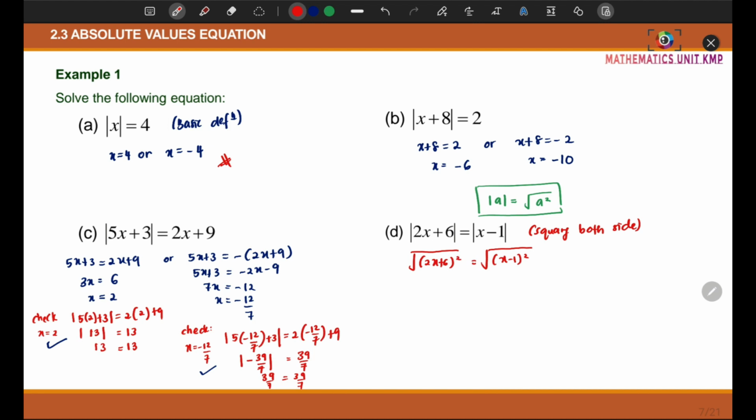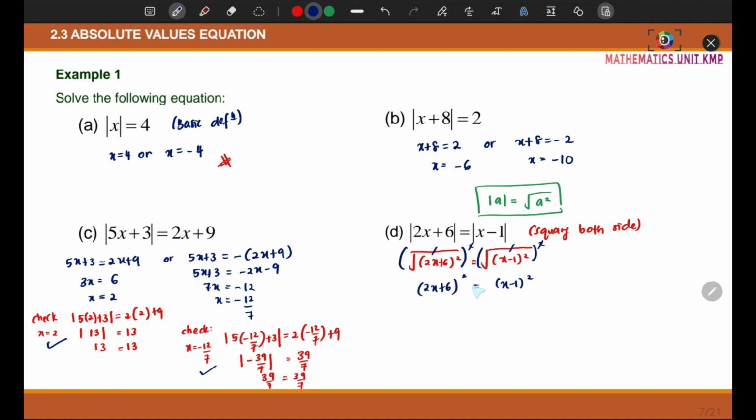So now we will use the squaring both sides method, which is we will square both sides. Okay, so the square root can be cancelled out, so it will leave us with 2x plus 6 squared equal to x minus 1 squared.